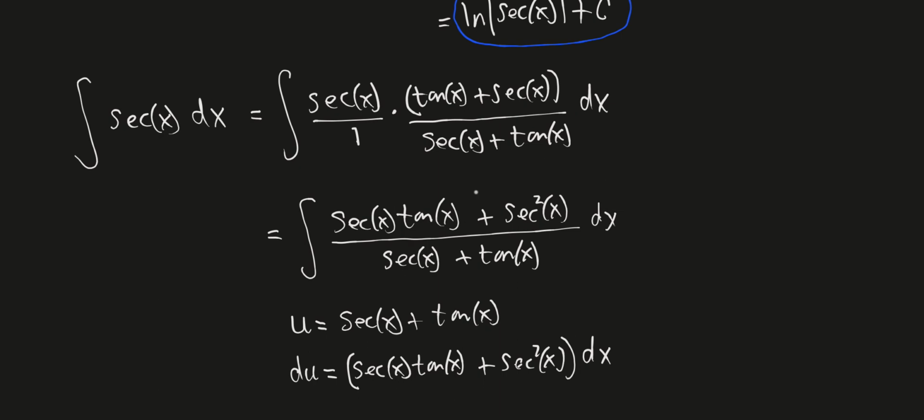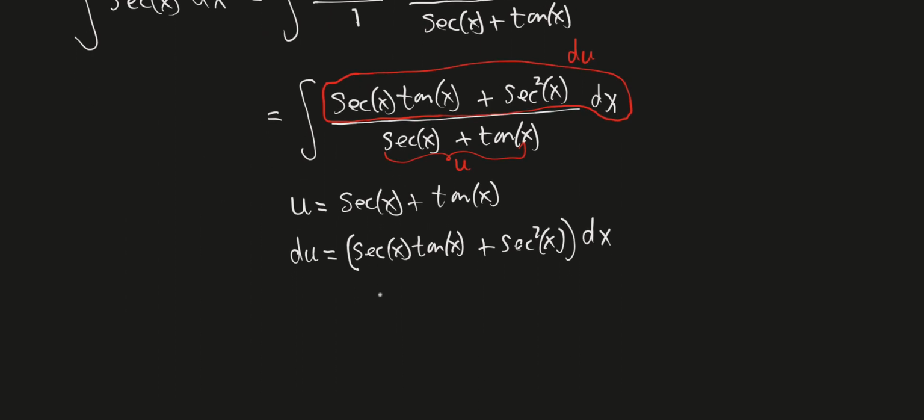And that's exactly what we have in the numerator here. So all of this big expression here, this product, that is du, and then I have my u in the denominator, right? So we end up having this result.